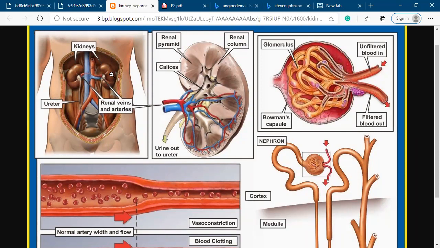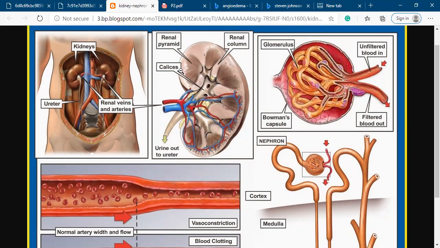We have two kidneys, and each kidney is connected to the urinary bladder through the ureter. And this is the aorta, and this is the vena cava, meaning vein and artery. So the renal artery and renal vein go in and out of the kidney.